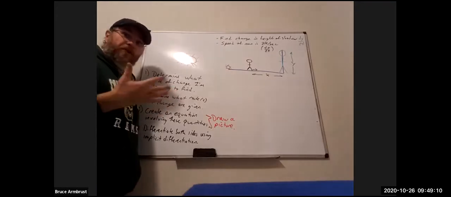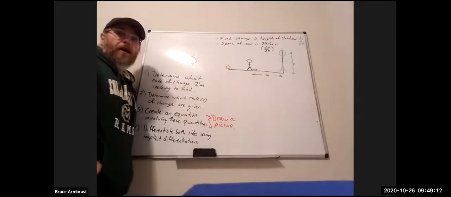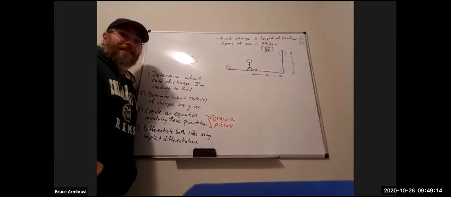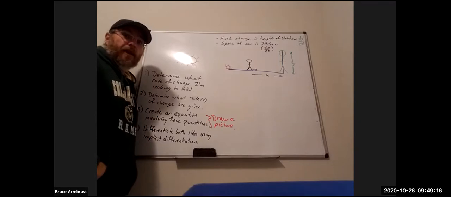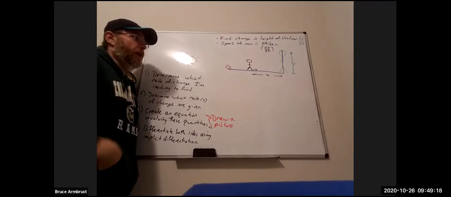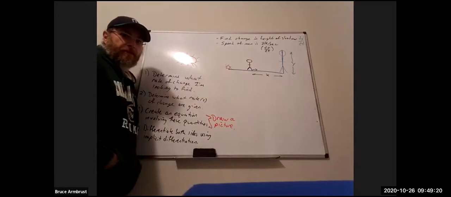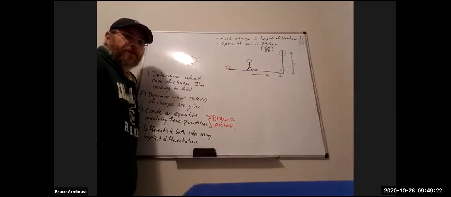So either one of those is fine to call x and use dx/dt to measure it. It's just one's going to be plus or minus. So I'm going to go and leave it like this. I'll let you guys drive. So we'll use that x instead of my x. It doesn't matter. It's still going to work out.